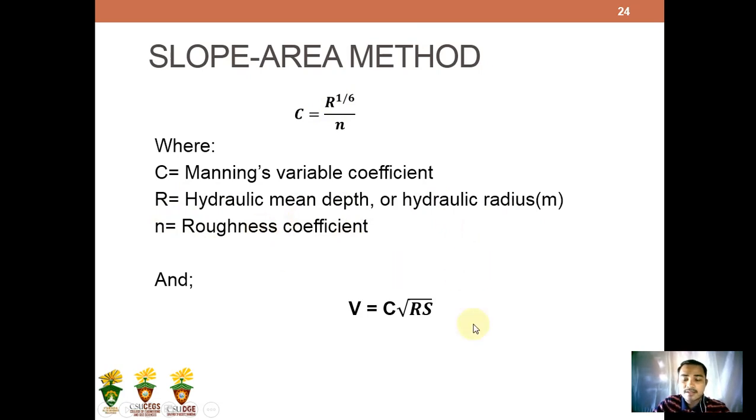And the same formula to get the velocity is just C times the square root of R times S. And to get the discharge, just multiply it by the cross-sectional area.